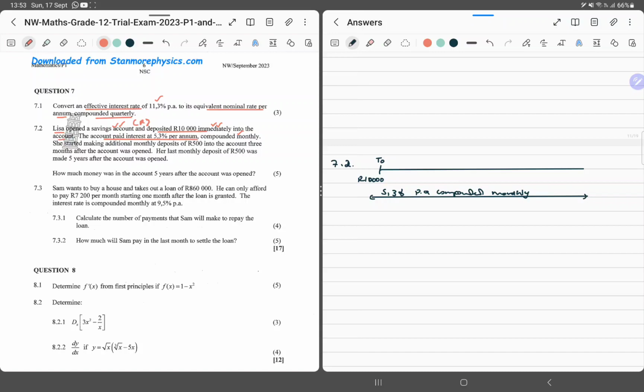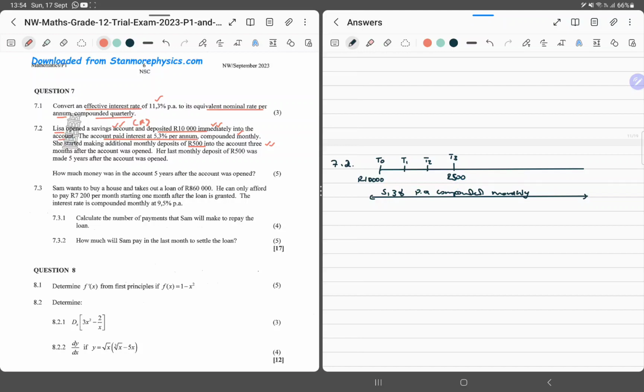These are things you want to make sure they're in front of you. Then she started making additional monthly deposits of 500 rands into the account 3 months after. Can you see? So this means she skips T1 and then she skips T2. And then on T3, this is when she's paying the 500 rands.